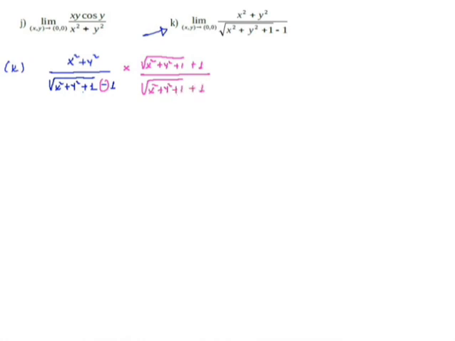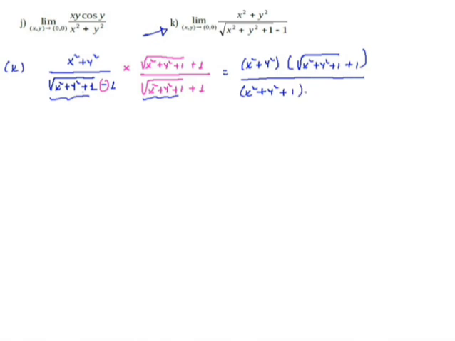So ይሄንን ስናባዛ የሚኖረን (x square plus y square) times (radical x square plus y square plus 1 plus 1). ከታች ምን ይኖረናል? ይሄ ራዲካል ይጣፋና ምን ይሆናል? x square plus y square plus 1 minus 1 ነው የሚሆነው.